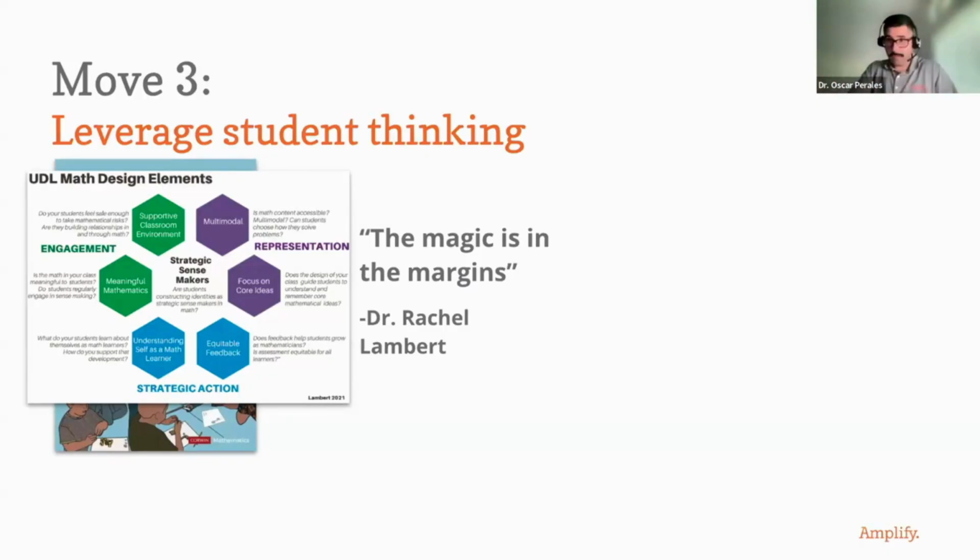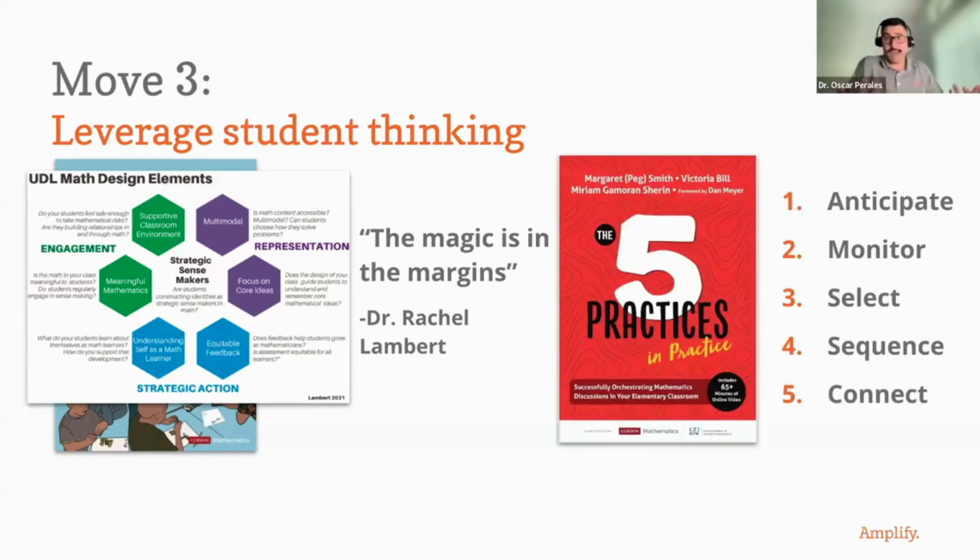But then once we open up access, once we are getting students to draw, to sketch, to show us patterns, whatever it may be, what do we do with that thinking, right? How can I, again, elicit the important math? The five practices are a great way to do that, right? Because I can now start anticipating specific students' responses. And now, as students are engaged in the task itself, I'm monitoring.